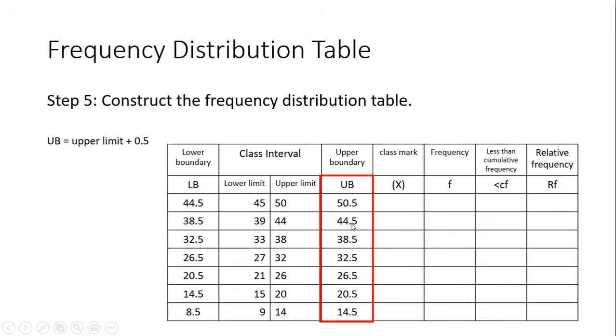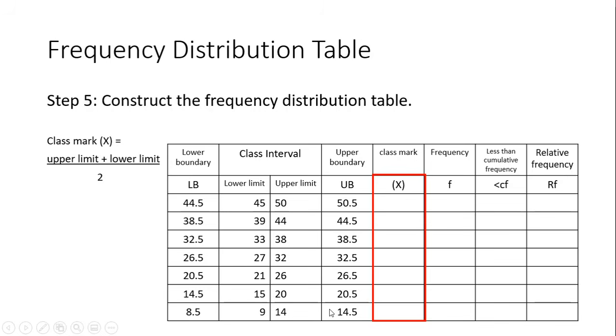Okay? So next is for us to compute now for our class mark. For class mark, we have this formula. Okay? So class mark is the same as your midpoint. Okay? In which, for us to get or compute for our class mark or our midpoint, we'll follow this formula. So you have the upper limit, so we'll be doing it per row. Okay? Upper limit plus lower limit divided by 2.